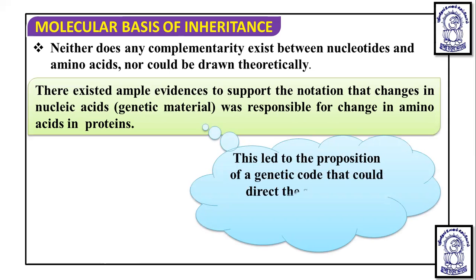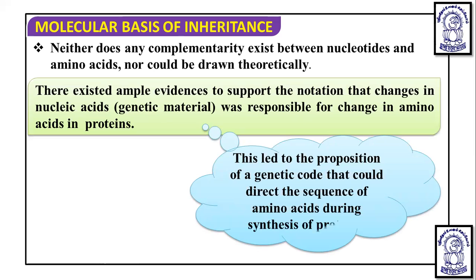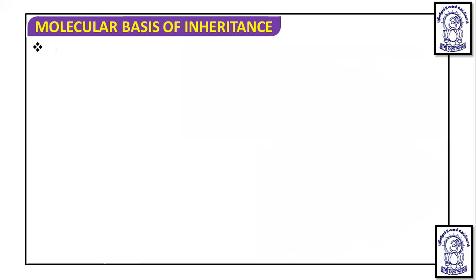This led to the proposition of a genetic code that could direct the sequence of amino acids during synthesis of protein. So it was thought that there might be a genetic code in the DNA which codes for the amino acids in the protein.